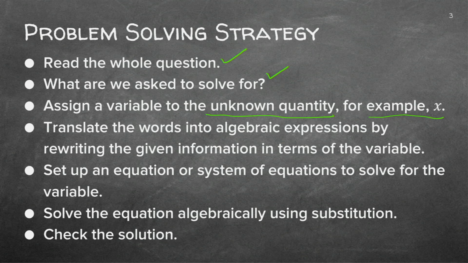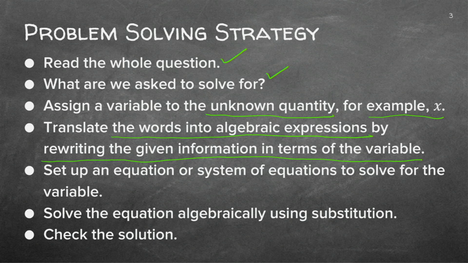And also translate the words into algebraic expressions by rewriting the given information in terms of the variable. That is very important. As I've said to you earlier, what we're doing here is actually a translation of language. So you're moving from all of those words written in English and writing them into the mathematical language, which can be an expression or also an equation.